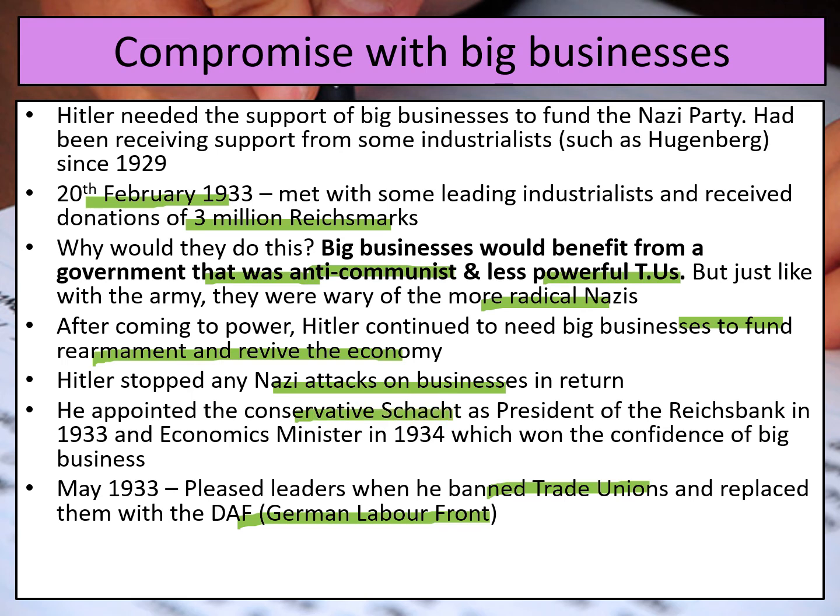And this was a man that had been really important in ending hyperinflation in 1923. And therefore he was a very respected businessman. And Hitler also then appoints him to become economics minister in 1934, which again won the confidence of these big business leaders. Essentially, he does some deals with them that benefit both the big business leaders and the Nazi Party as well.